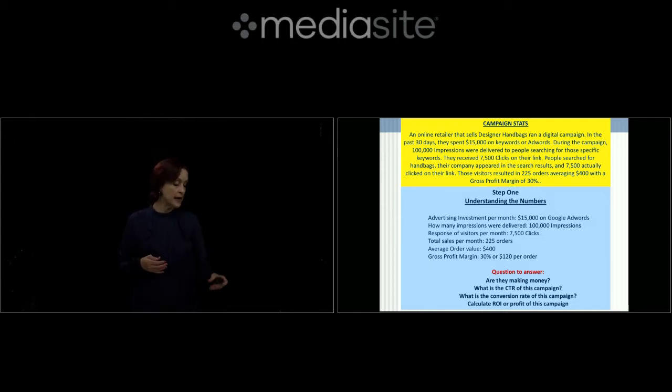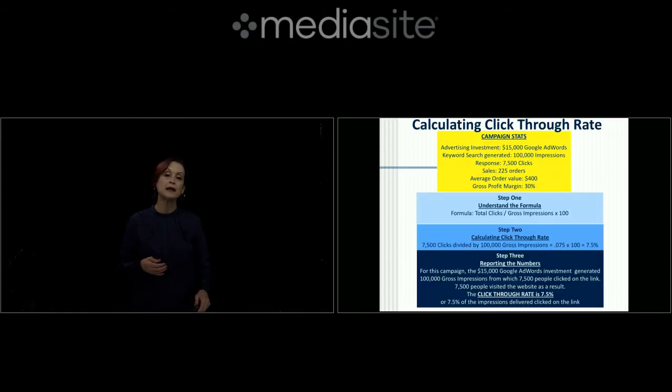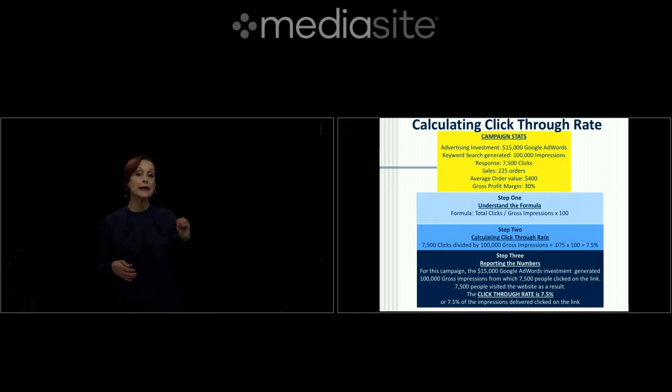So now let's again take it in steps and calculate click-through rate. The calculating formula is total clicks divided by gross impressions and multiplied times 100. Remember, this is a percentage.